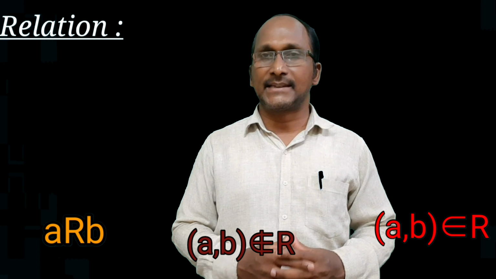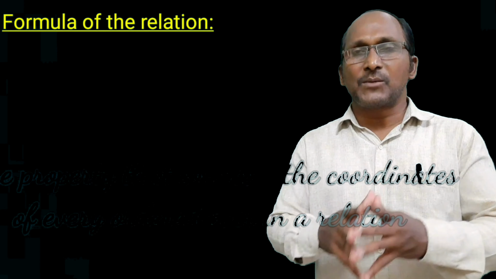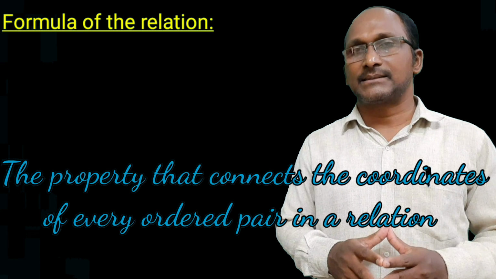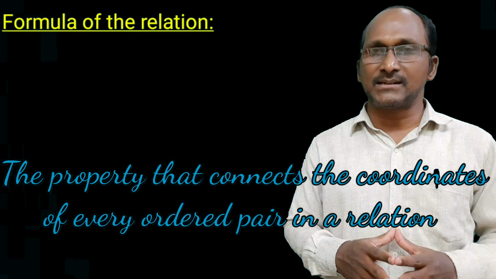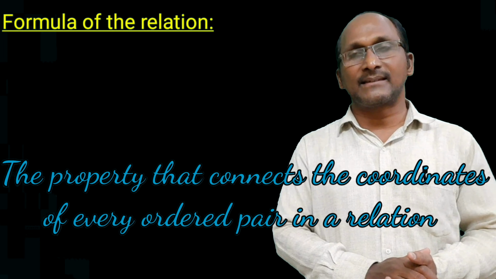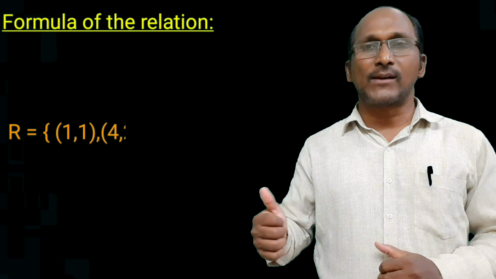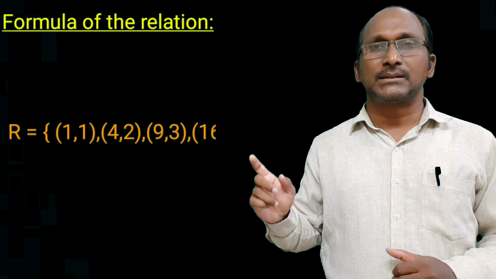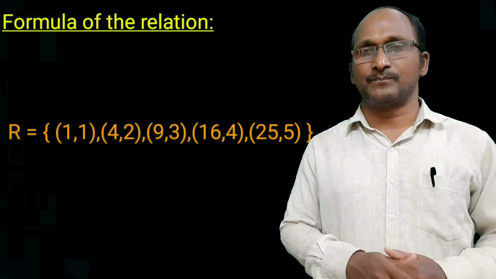Now let us define the term, the formula of the relation. The property that connects the coordinates of every ordered pair in a relation is defined as the formula of the relation. Let us see one example. R is equal to set of (1, 1), (4, 2), (9, 3), (16, 4), (25, 5).